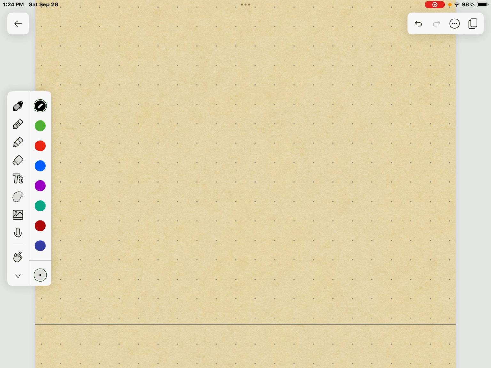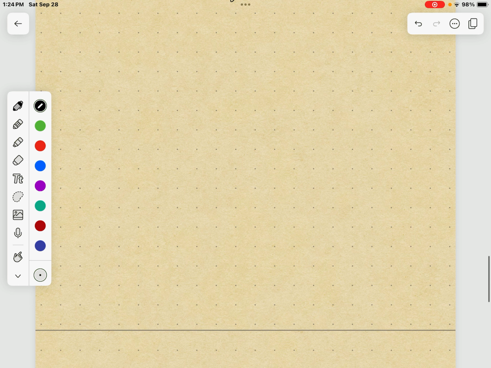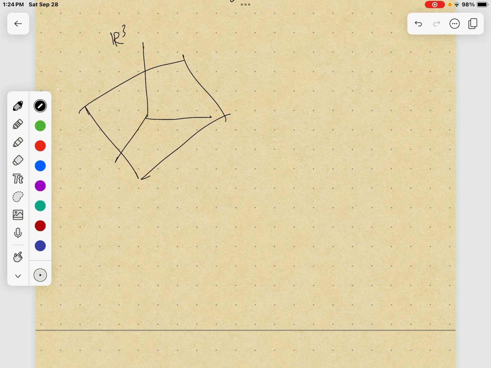So let's say that V is a subspace of R3. Let's say it's a plane in R3. And let's say W is also a plane in R3. So here's R3. And let's say that V is this plane. Okay, and it's also going out infinitely, right? It's this plane, and that's V, so it's two-dimensional.